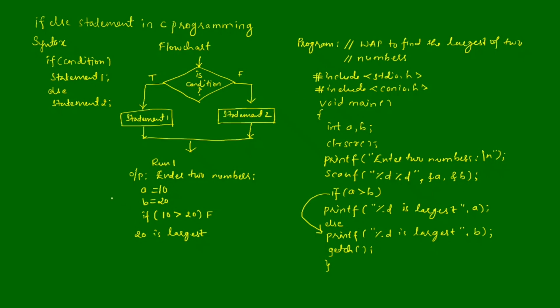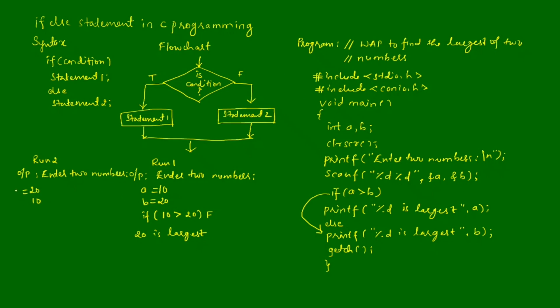Okay. So once again, we are going to execute this program. We will write run 2. So here we are going to get the output. Once again, it will ask the user to enter two numbers. This time I'm going to enter 20 and then 10.